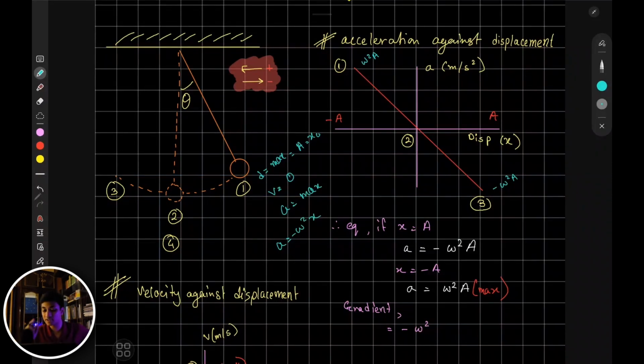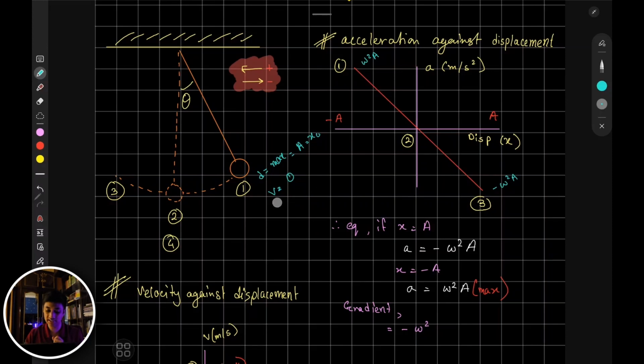So if the displacement is negative, meaning right of the equilibrium, we plug in a equals minus omega squared times minus A, and we get a equals positive omega squared A. So if the displacement is in this direction, the acceleration is in the opposite direction.